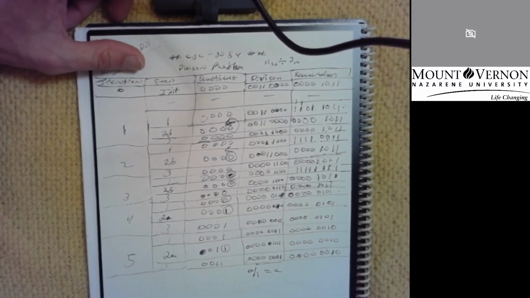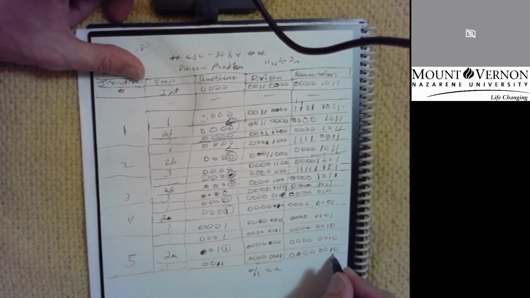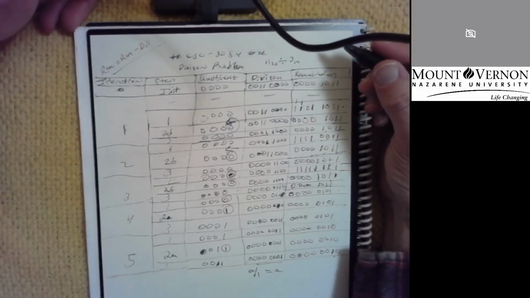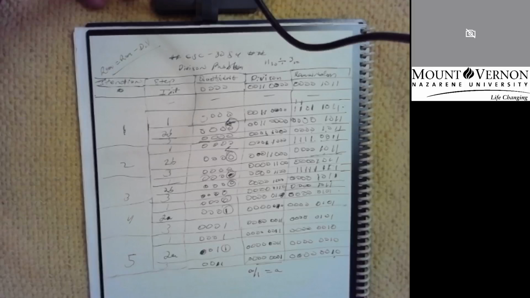So what do we have? Our quotient is 3, and our remainder is 2. Well, what's 11 divided by 3? It goes into it 3 times. 3 times 3 is 9. 9 subtracted from 11 is 2, which is what we have here.